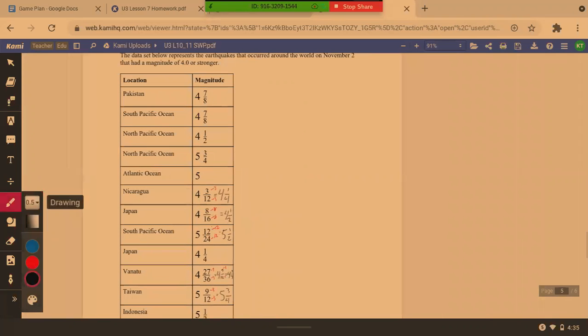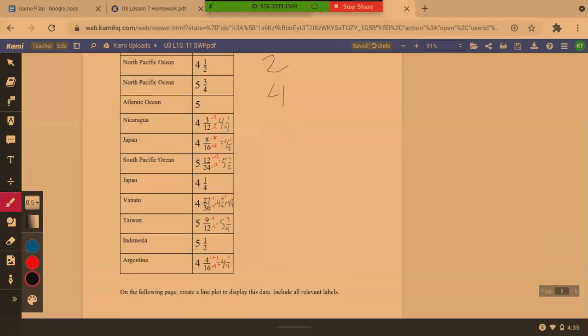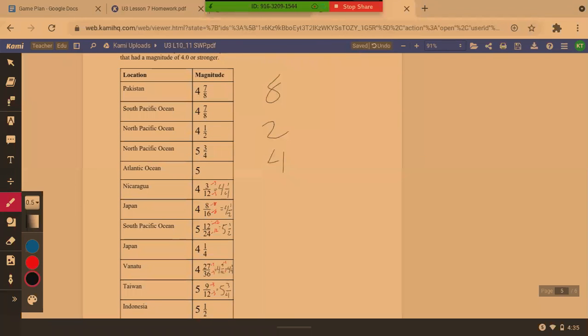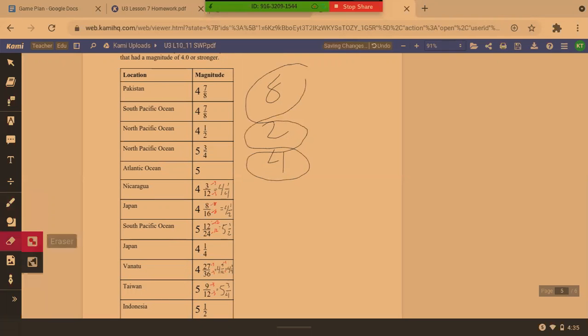Let's list the denominators we have so far. So I have 8, there's 2, 4, 4, 2. Okay, so what would be a common denominator that 8, 2, and 4 can all go into? 8. 8 is going to be our common denominator. So let's manipulate all of these fractions to get them to 8.